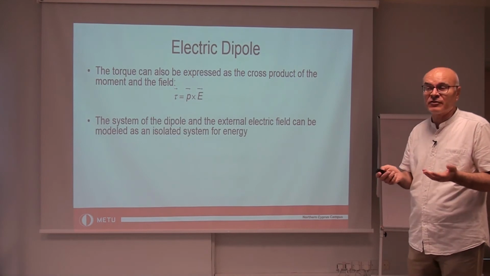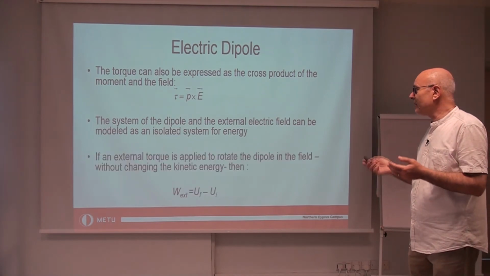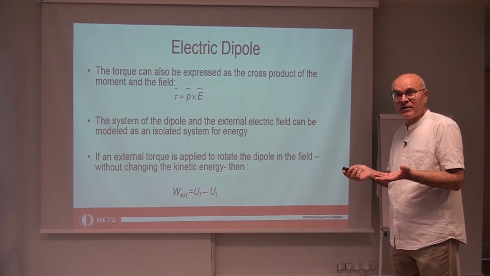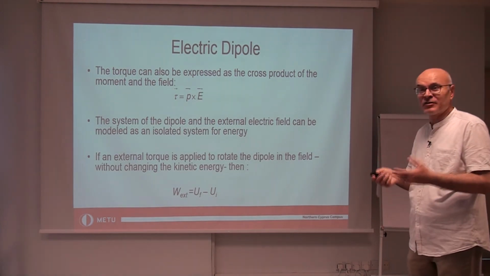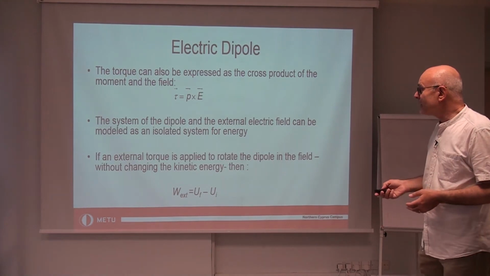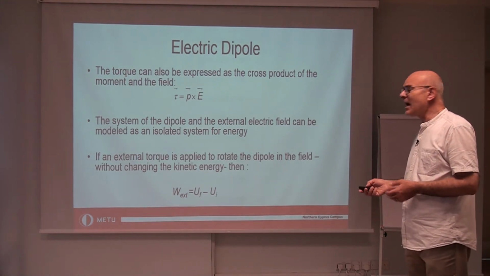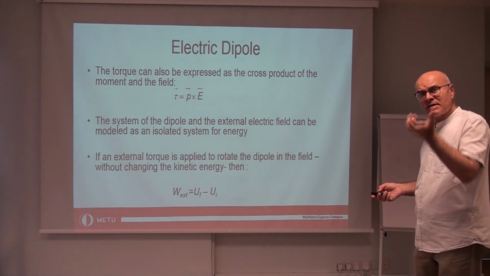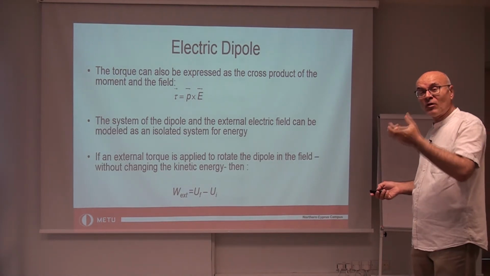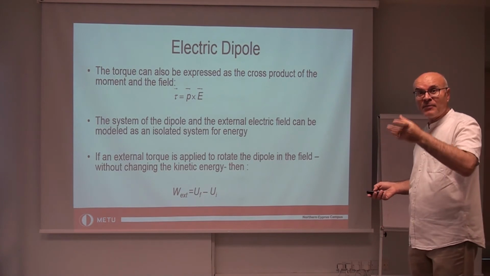Potential energy is associated with the charge and the electric field. So what type of potential energy? To understand it, let's assume that an external agent, an external force or external torque, is applied, and this torque is rotating the dipole in the electric field.